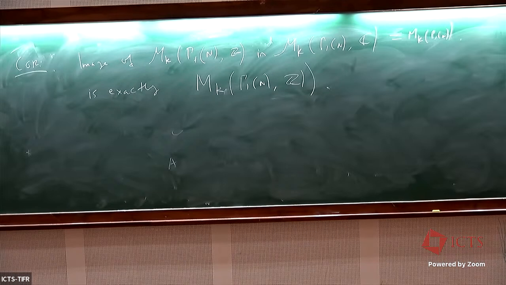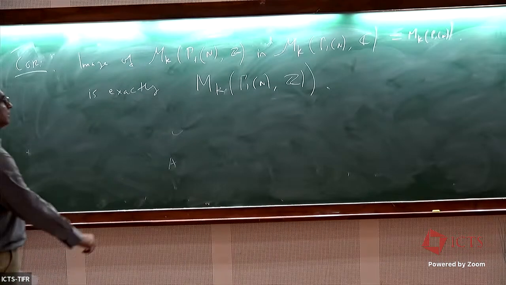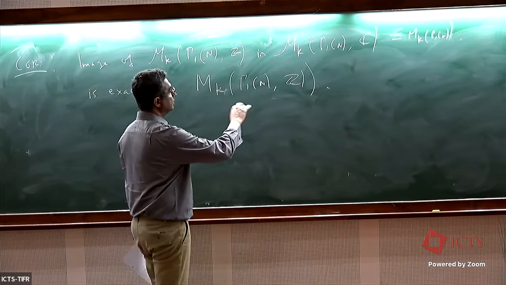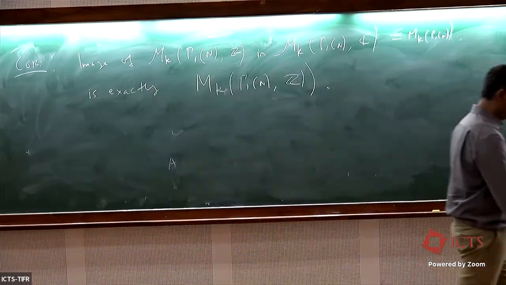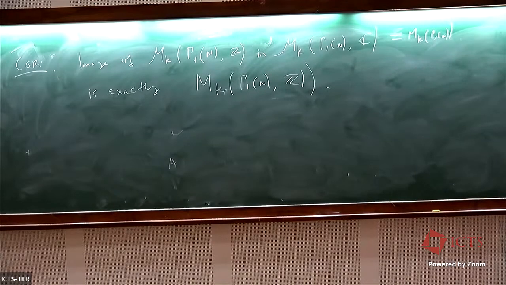So these were the modular forms whose q-expansions were in Z, the preimage of Z power series in q. Modular forms with coefficients in Z.